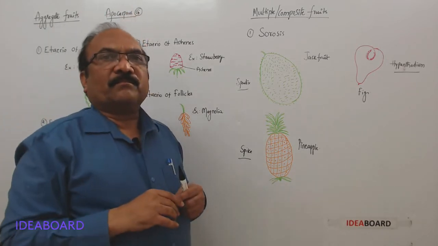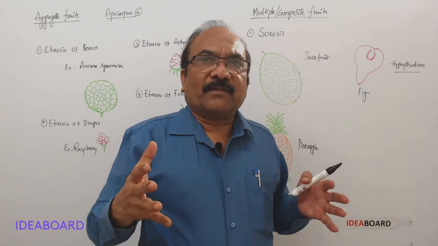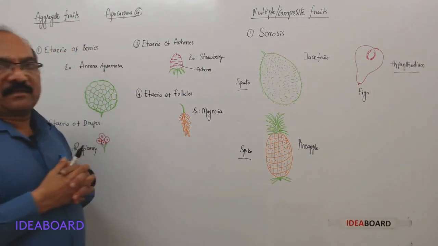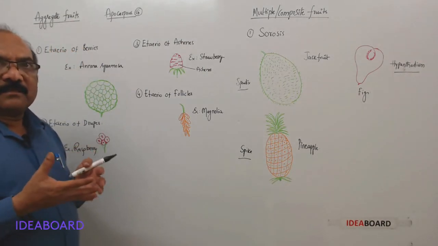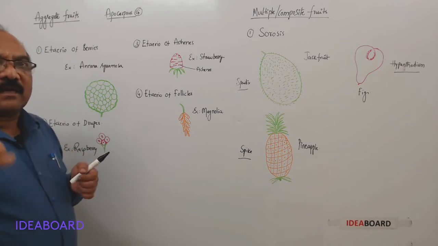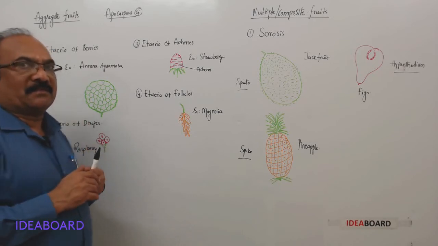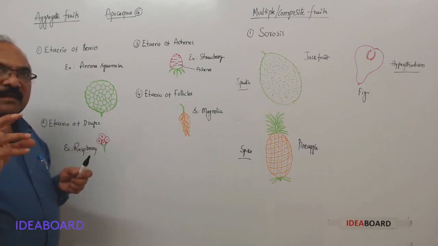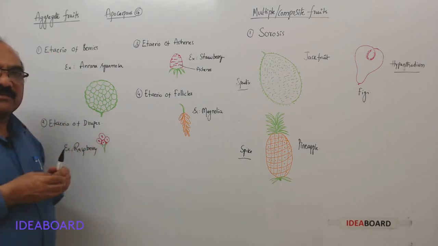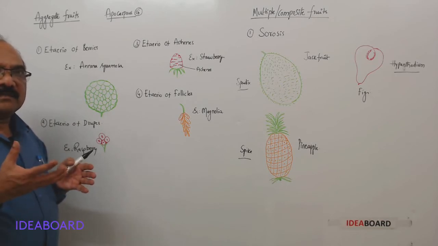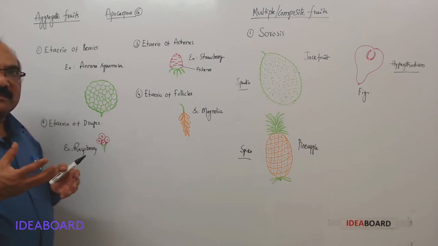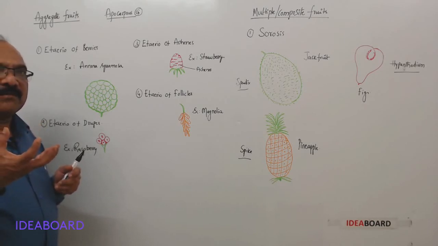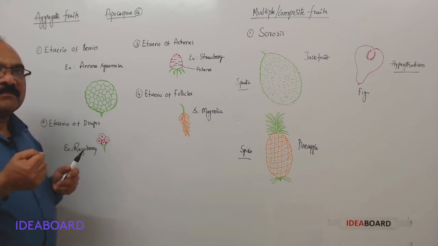So what is apocarpous gynoecium? The gynoecium with free carpels means these fruits develop from a single flower, but the type of gynoecium is not syncarpous, it is apocarpous gynoecium. And that's why here you will get fruitlets, because of their size they are called fruitlets, and they appear in the form of a cluster.